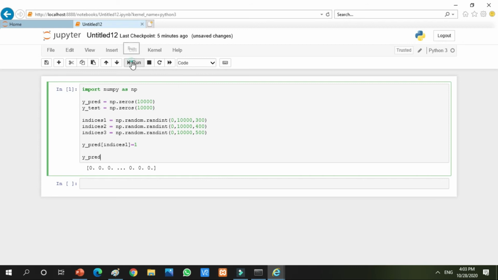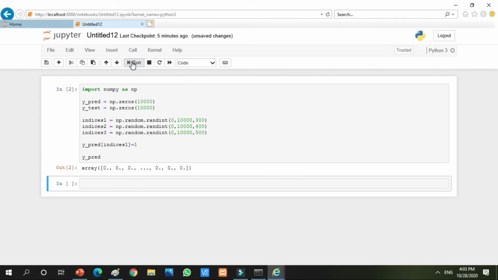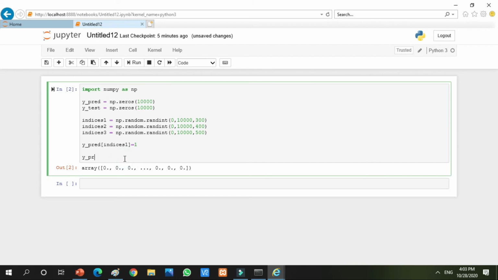Let me run it. So it is showing you the array of y prediction, but moving forward inside these dots, you will get to know that most of the values inside these indices 1 are now 1 instead of 0.